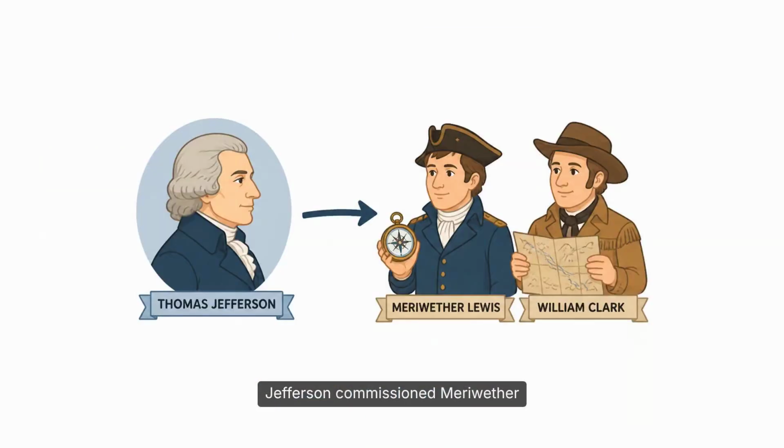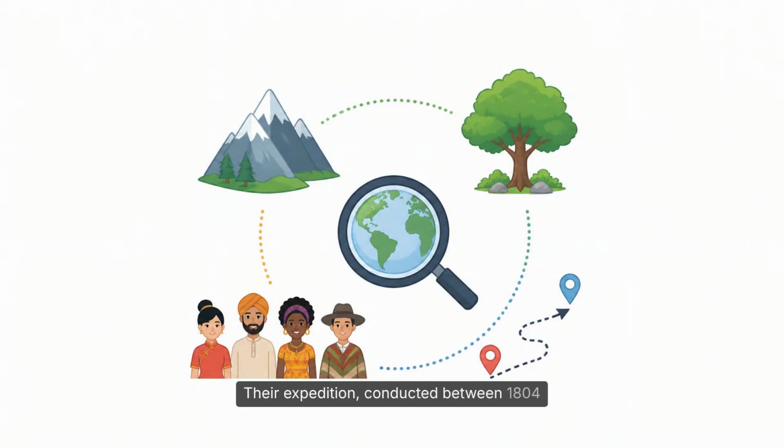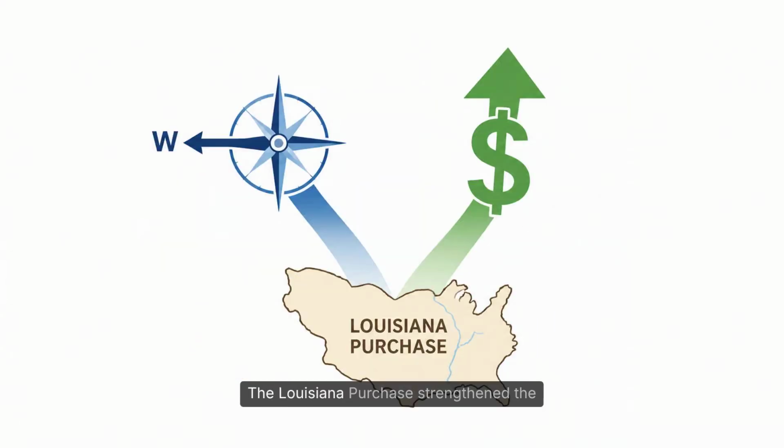Jefferson commissioned Meriwether Lewis and William Clark to explore the newly acquired territory. Their expedition, conducted between 1804 and 1806, gathered information about geography, natural resources, trade routes, and the diverse peoples inhabiting the region. The Louisiana Purchase strengthened the country's economic and strategic position and encouraged further westward development.